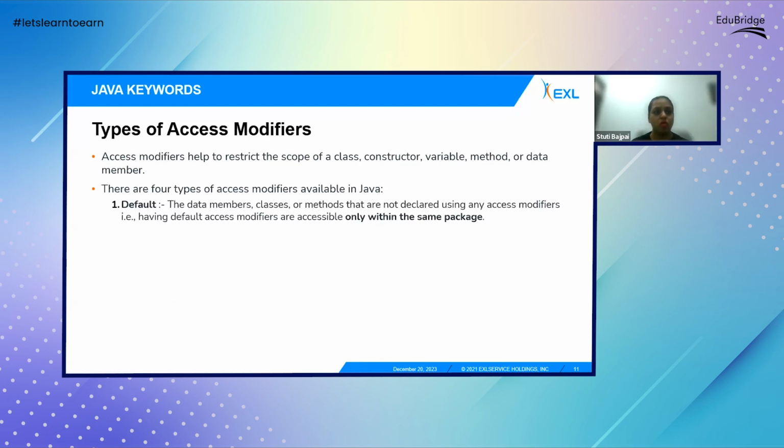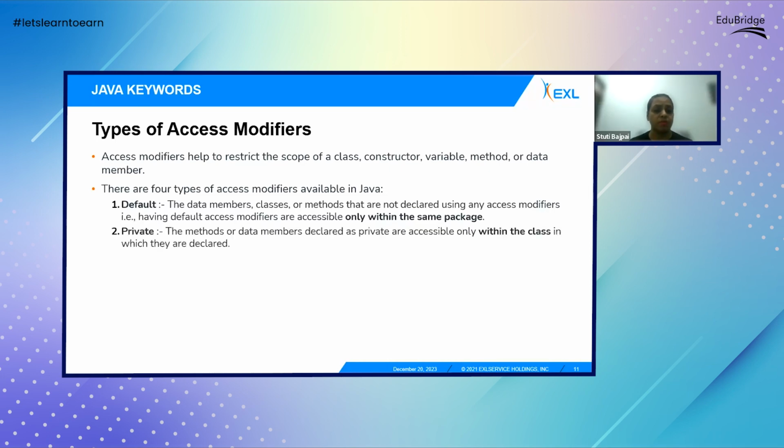So if I write only void main or void setStudent or something like that, this means that this method or the variable that does not have the access modifier can only be accessed within the same package. So the class in which it is defined and the classes in the same package as this class will be able to access this. No other class will be able to access this member otherwise.